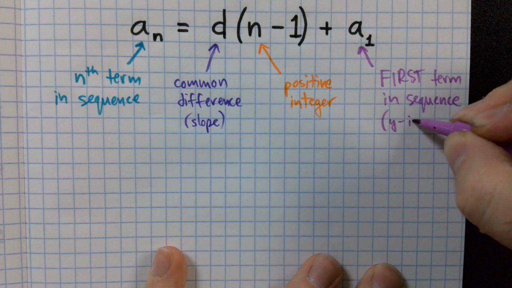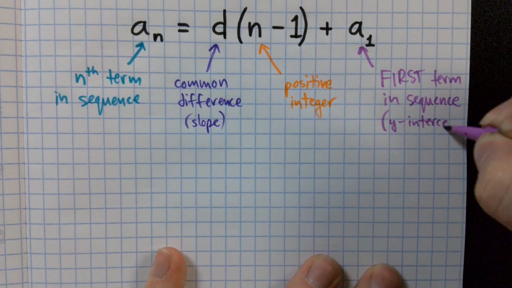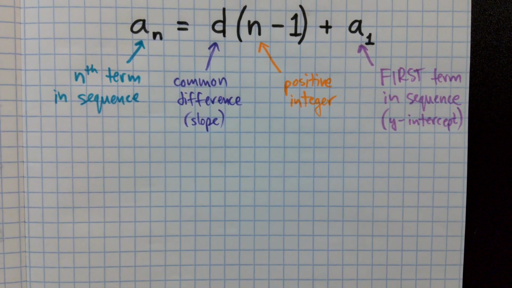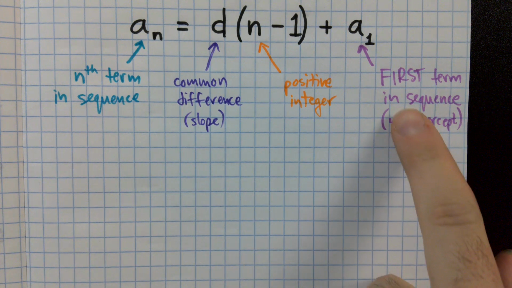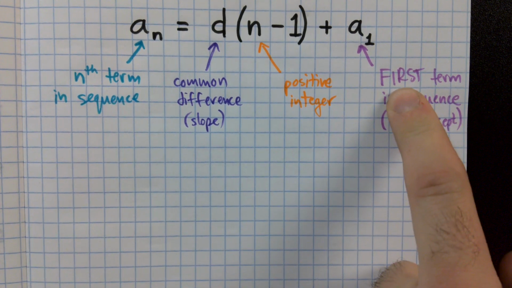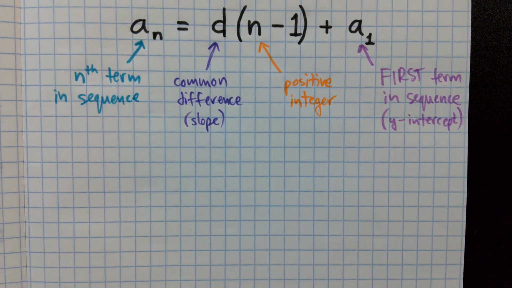And we could also think of this kind of like our y-intercept. When we first brought up graphing linear functions, we said that my b value is where I begin my plotting. Well, in a sequence, you begin with the first term, right? So that kind of connects in that way.